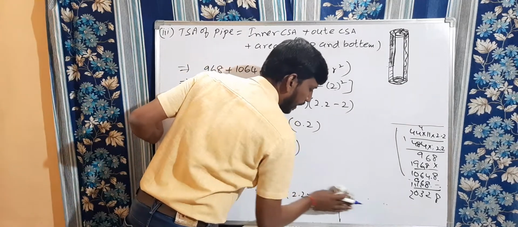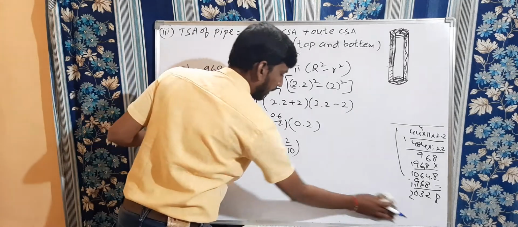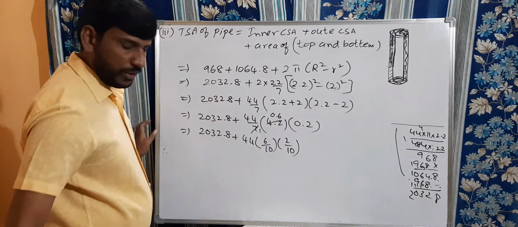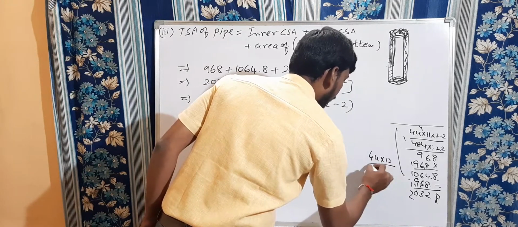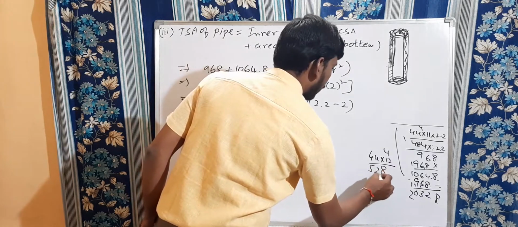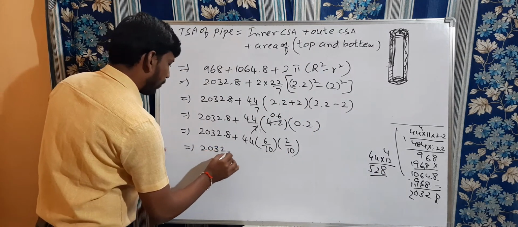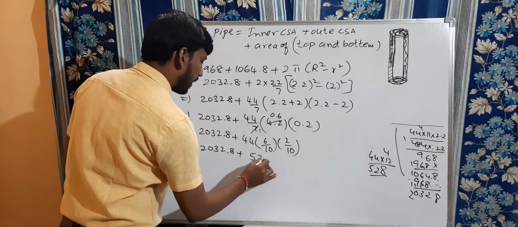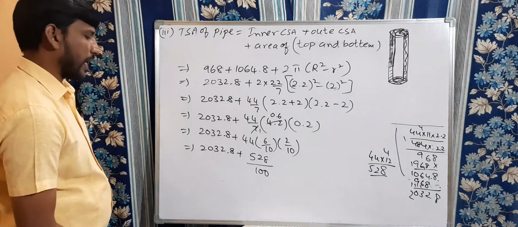Add it to 2032.8. Now 44 into 12: 12 4s are 48, plus 4 is 52, that is 528. So 2032.8 plus 528 divided by 100, which is 5.28.